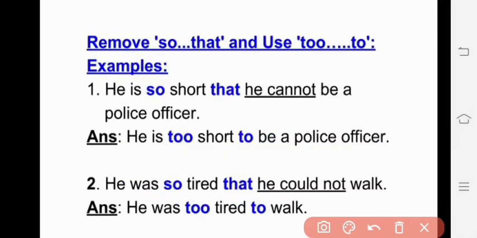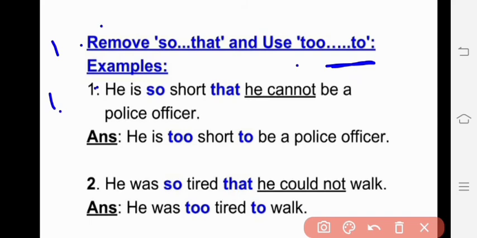In the same chapter, previously you have been taught the use of so that and removing to. But in the second part of the chapter, the title is: remove so that and use to. So if a sentence with so that is given, you have to convert it into too to.